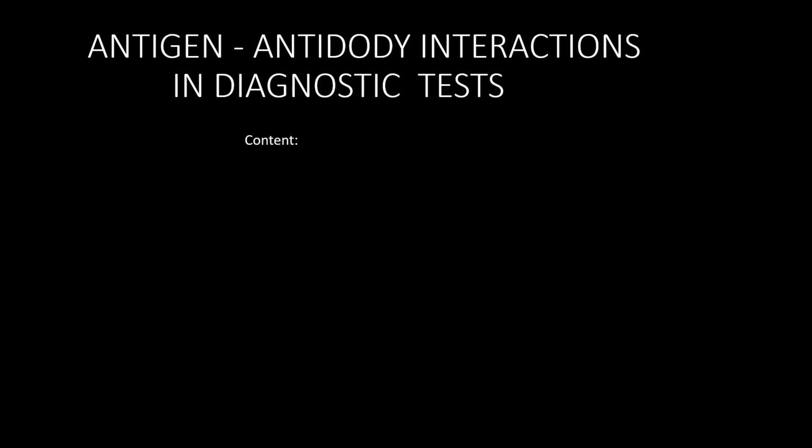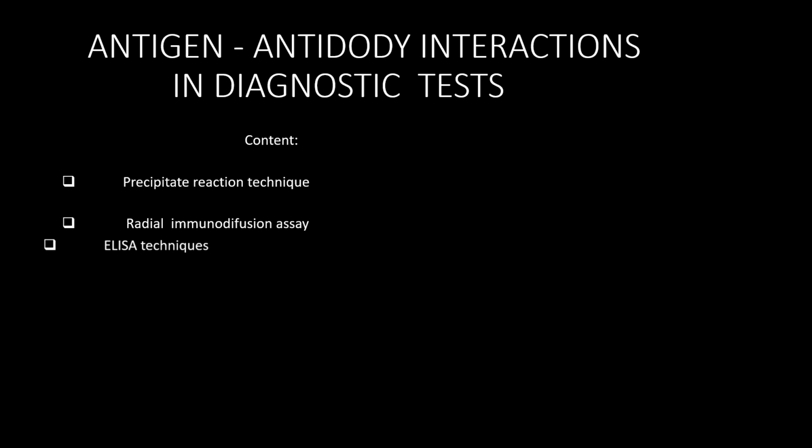In this case, we will be looking at precipitation reaction. We will also be looking at radioimmunodiffusion assay as a technique to be used. We will also look at ELISA techniques, which is subdivided into indirect and sandwich ELISA technique. That's what will be covered in this presentation.